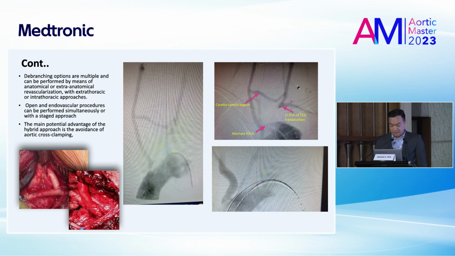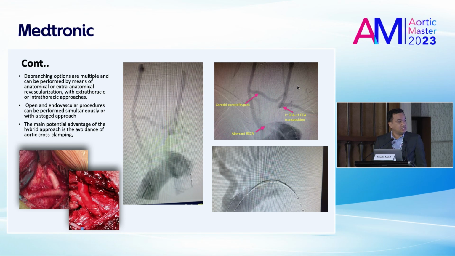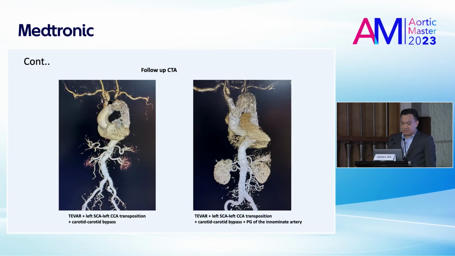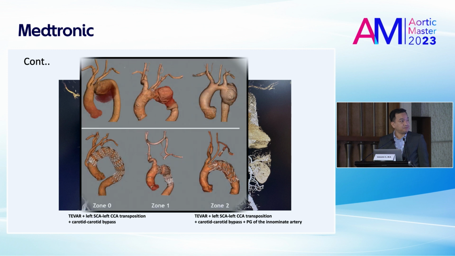You can see the carotid bypass and also transpositions. And these are the images of a patient treated with TEVAR and a hybrid procedure. I even went up to zone 0 for a patient with arch pathology, with debranching combined with parallel graft, and these are the follow-up CTAs.